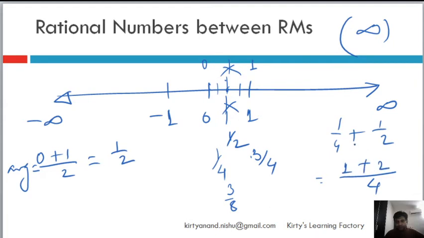So that's 3 by 4, this is the sum, and then I have to divide it by 2. So basically 3 by 8, right? I was right. 3 by 8. Here it will be 5 by 8, because now I am dividing this whole piece into 8 equal parts. And then I can continue to divide in 16, 32, and so on and so forth.